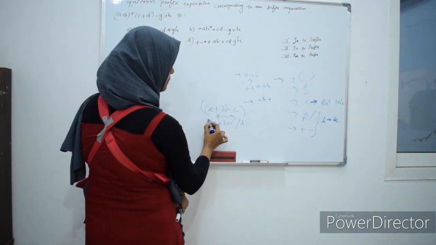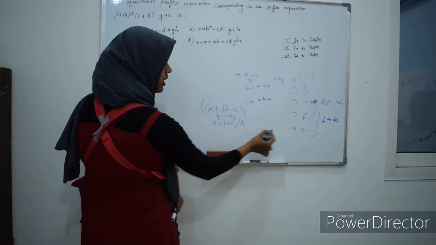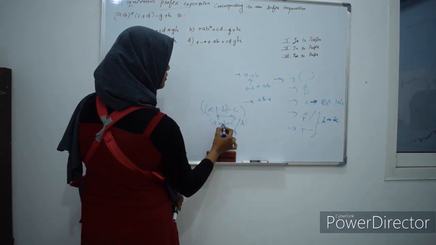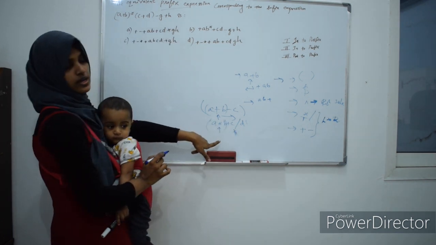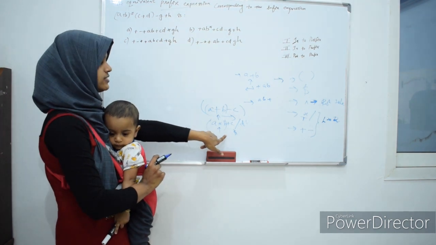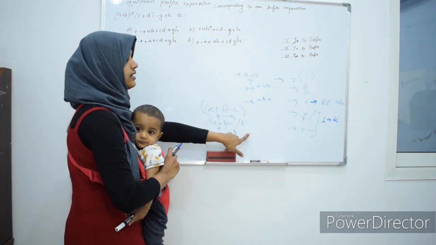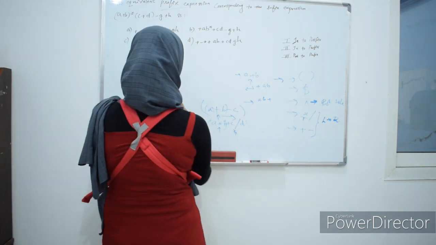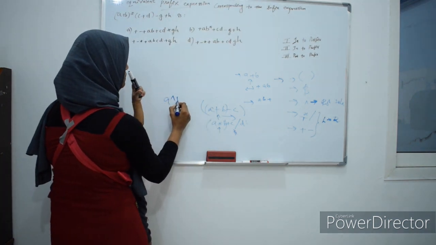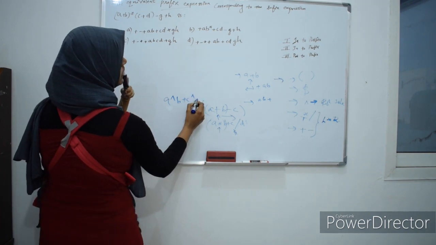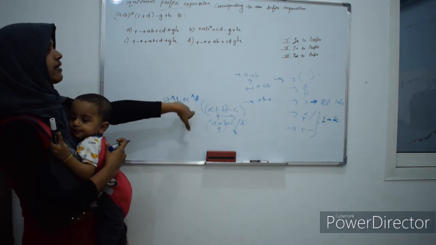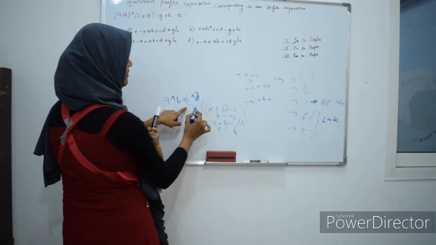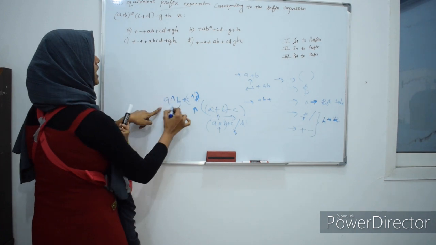For A star B plus C by D, A star B is taken first, then the division, then the addition. And for A power B plus C power D, with right to left associativity, C power D is taken first, and then A power B.